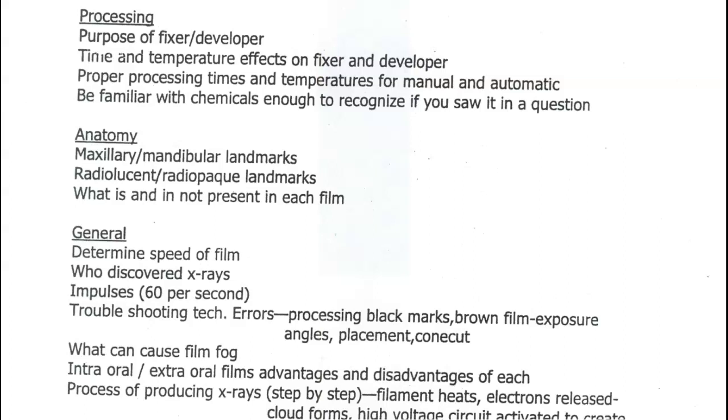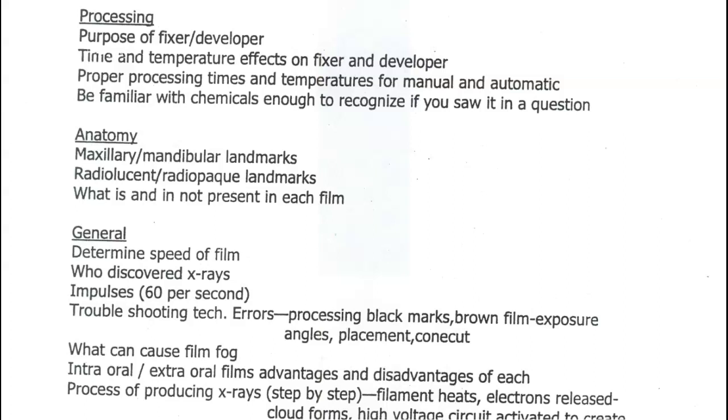Then we get to just some general things. What determines film speed? So we talked about that with the different objectives that you were taking the notes on. And when you're talking about the film speed, that's when you're talking about the size of the crystals and the size of those silver halide crystals.